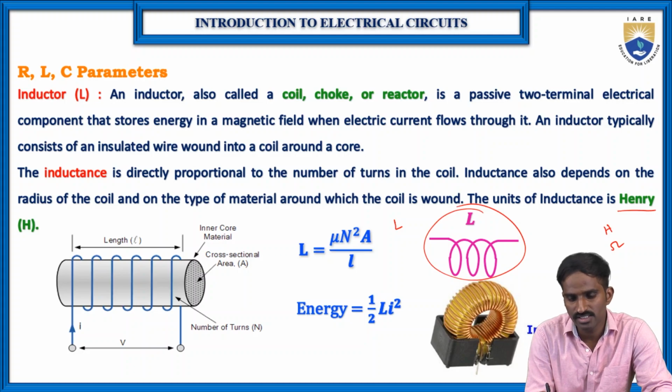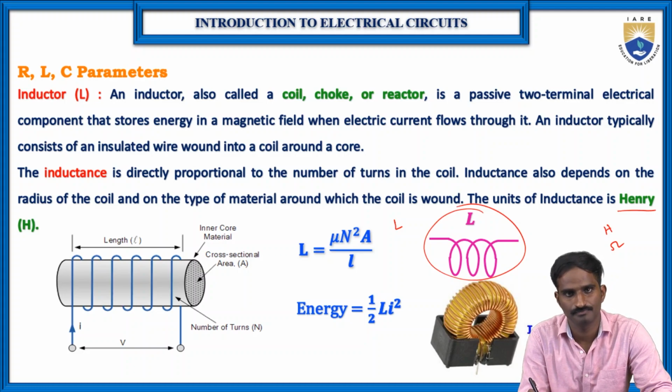L is equal to mu into N square into A by l, where A is the area of cross section, l is the length of the conductor, and N is the number of turns.